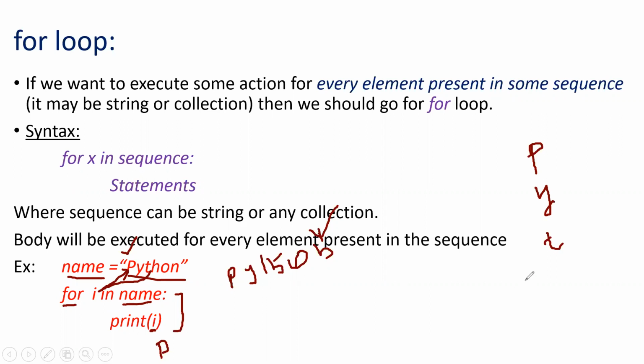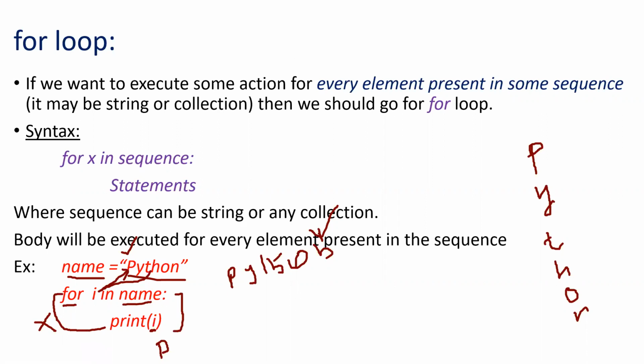I equal to h. I equal to o. I equal to n. Next, what happens? There are no more characters, no more values. Simply the iteration stops, or the for loop ends. This is how for loop works.